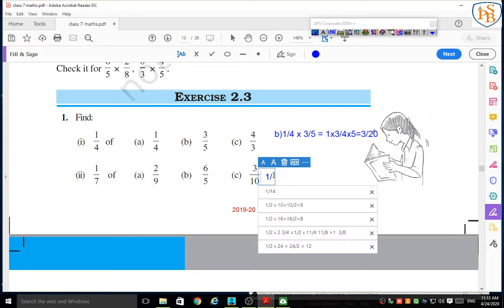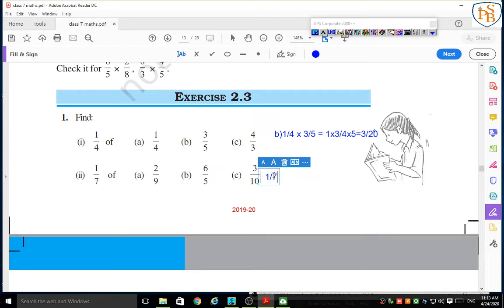Now 1 upon 7 of 2 upon 9, 6 upon 5 and 3 upon 10. I will solve the first question, that is 1 upon 7 of 2 upon 9.